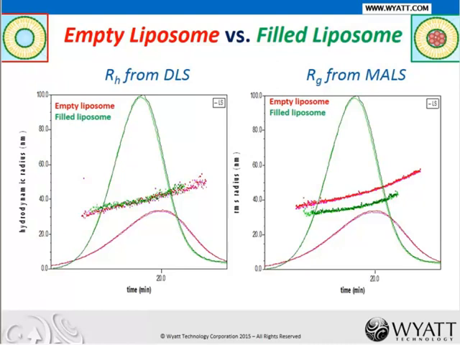However, when we plot Rg from MALS, we found at each eluting time, the Rg from empty liposome is larger than Rg from filled liposome.